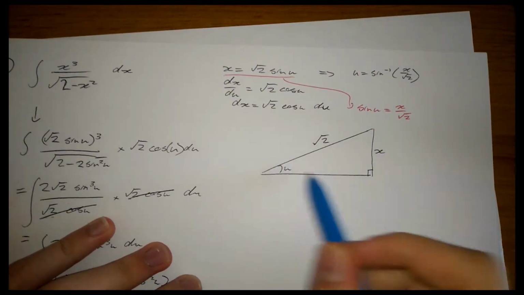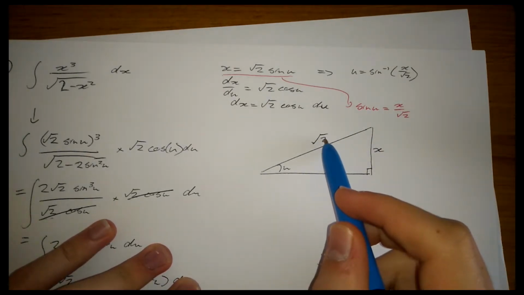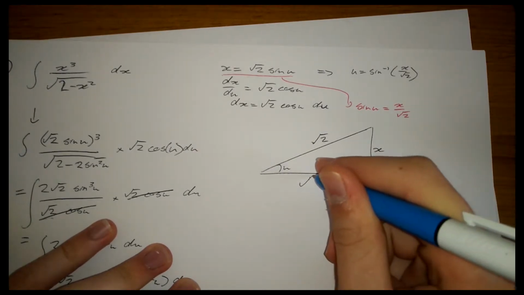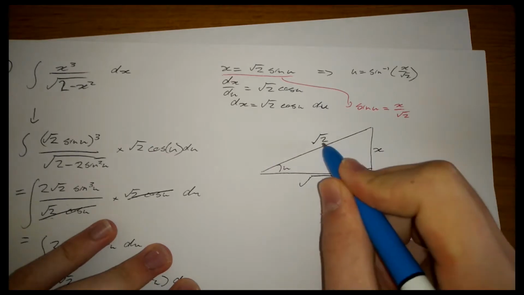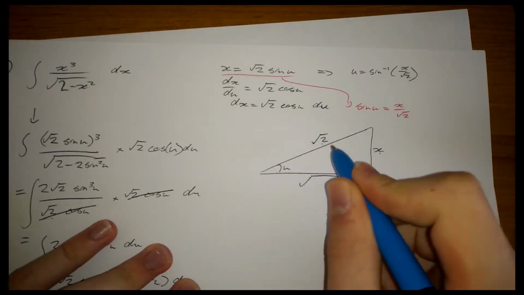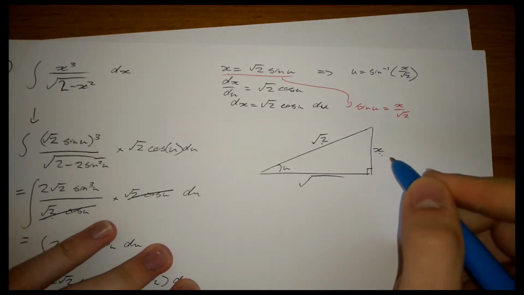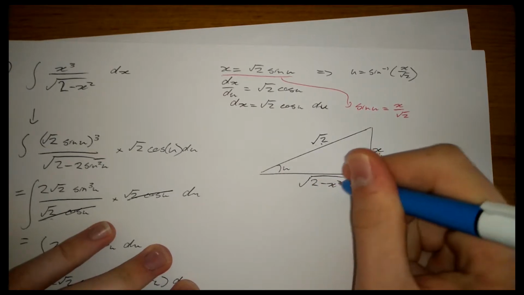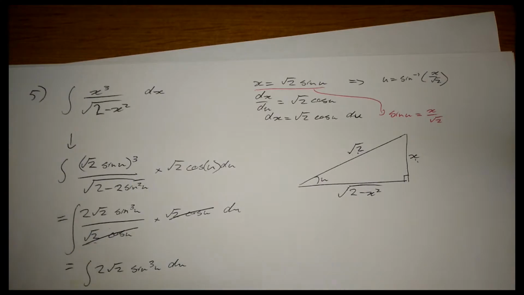This is the triangle it's referencing, right? If we do our Pythag, this side length would be the square root of c squared minus b squared. So then we end up having root 2 minus x squared on the bottom there, which is this over here, right?